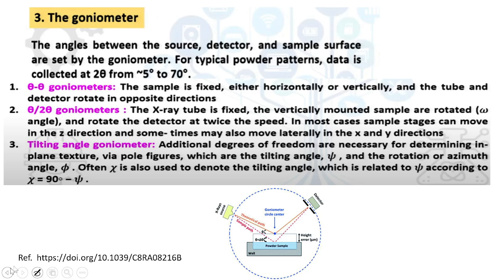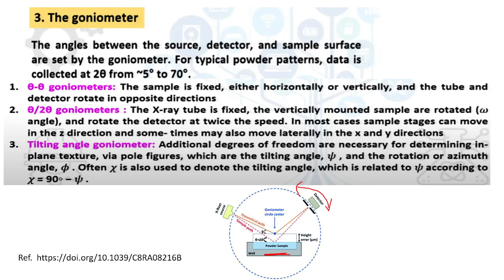If the sample holder is fixed, you can move the detector in different directions to set the angle. In that case, we say it is a theta-theta goniometer. Sometimes, to rotate a very small angle, like less than 1 degree, you also need to oscillate the sample holder in a different direction.